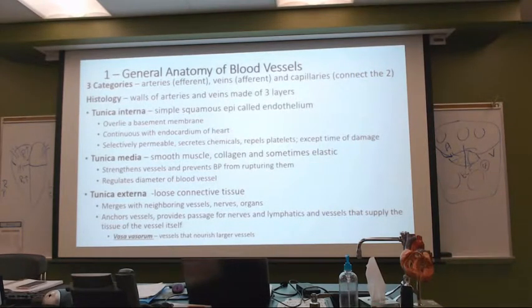Now, where that plays a major part is here at my capillary level, because my capillaries are 1 cell layer thick.